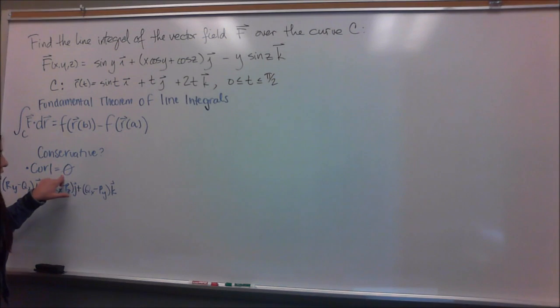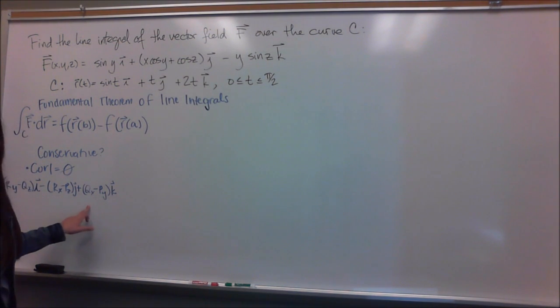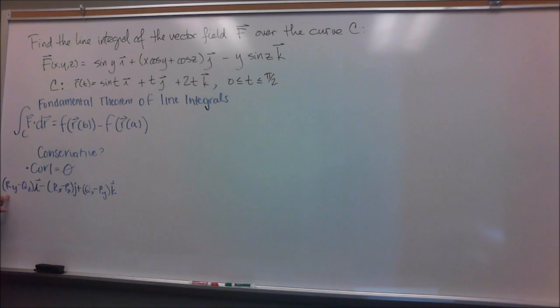The formula that we use to do this is the partial derivative of R with respect to y, minus the partial derivative of Q with respect to z, i, minus the partial derivative of R with respect to x, minus the partial derivative of P with respect to z, j, plus the partial derivative of Q with respect to x, minus the partial derivative of P with respect to y, k.